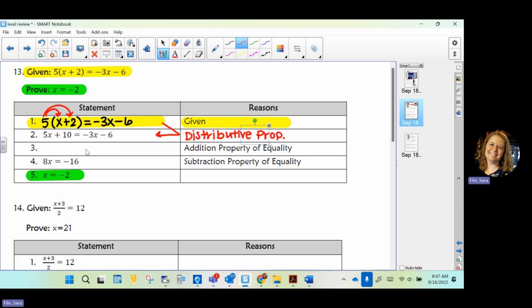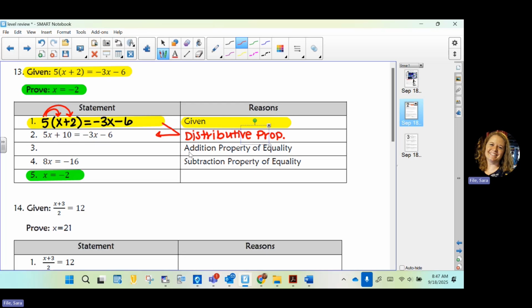Okay, so now what would be done next? If I'm trying to solve, what would I have to do to solve for x? Yeah. So it tells us they want us to use the addition property. And we can see at the end, they have x's on the left. So we want to move the x's to the left.